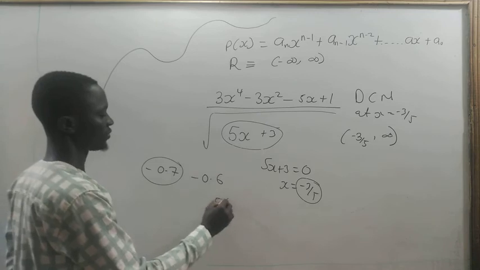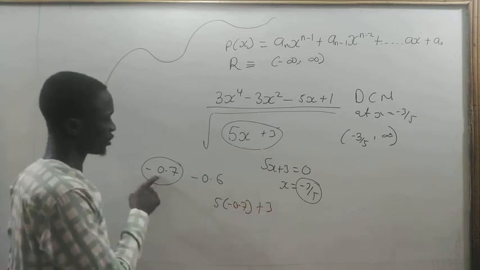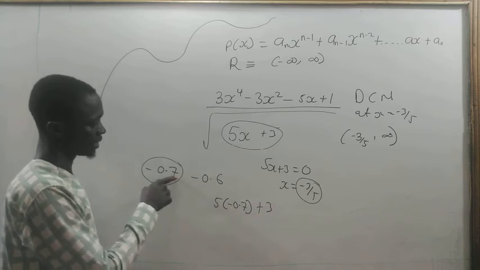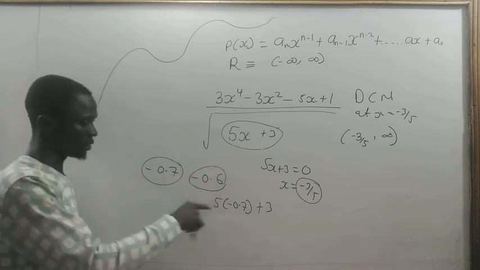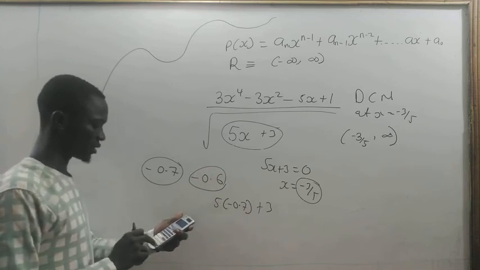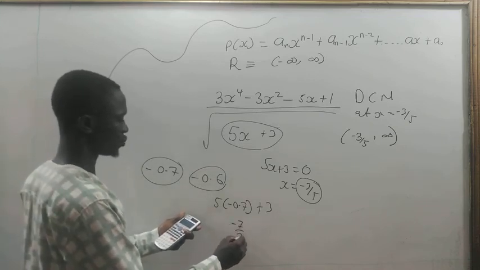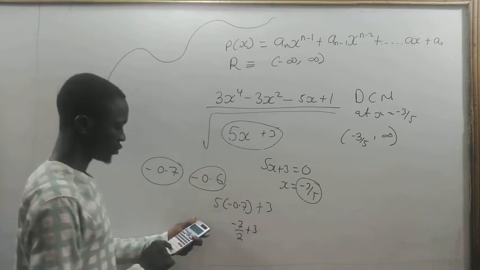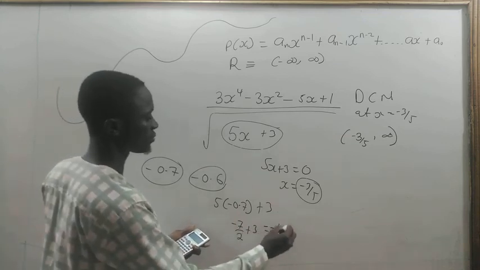If we take 5 times minus 0.7 plus 3, 5 times minus 0.7 gives us minus 7 on 2, plus 3. So if we add it to 3, you will still get negative half.